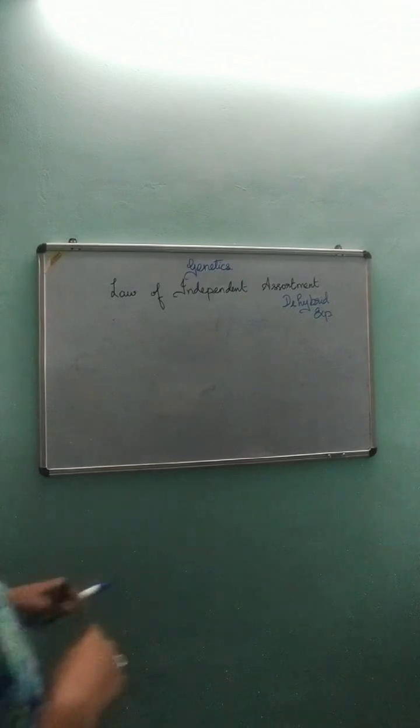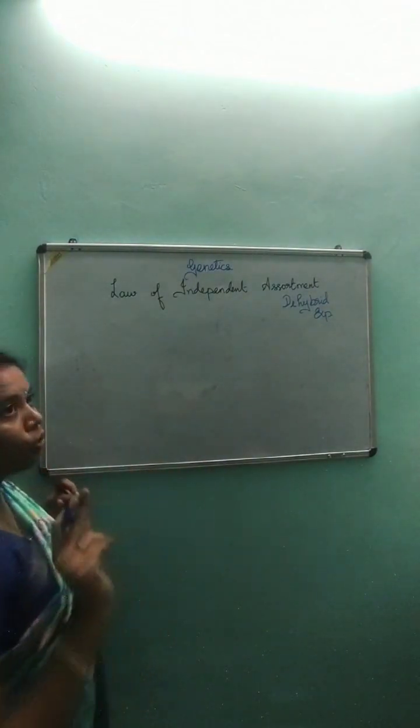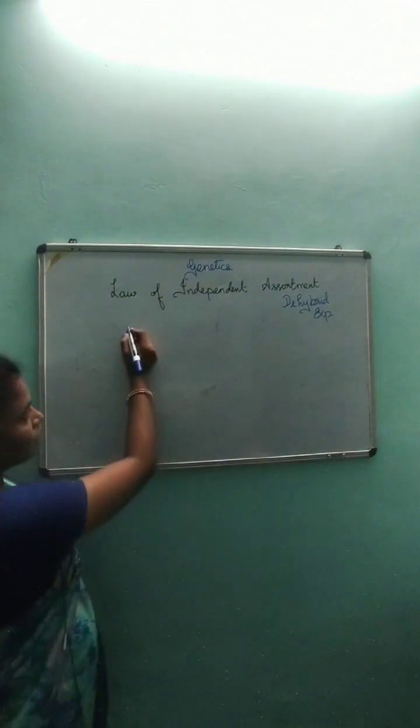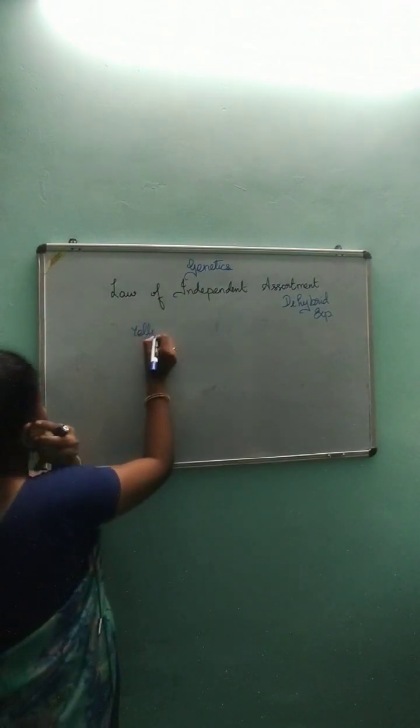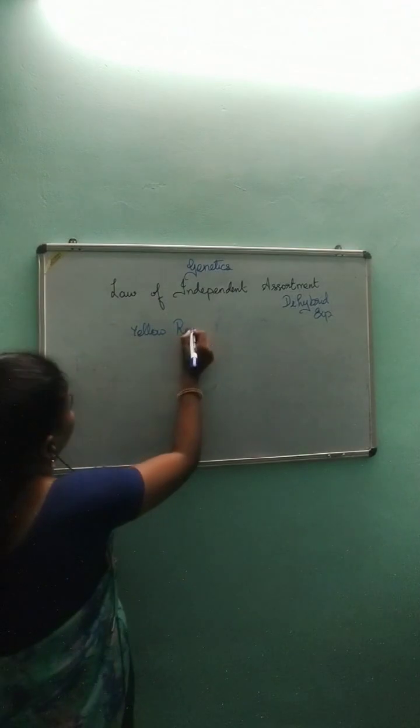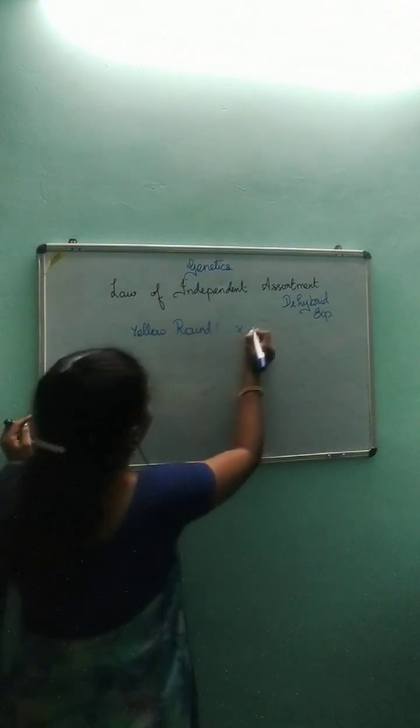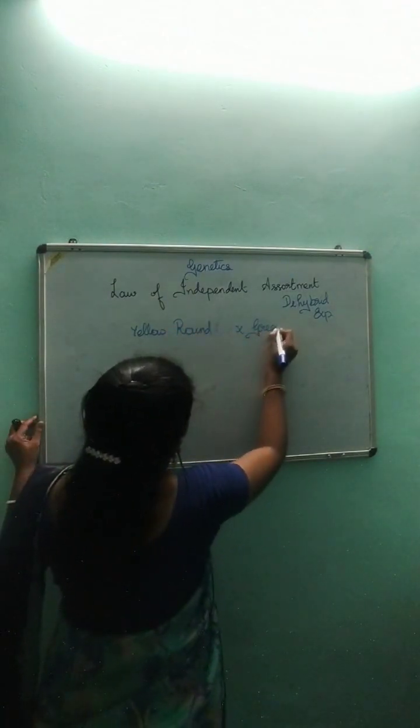In his experiment he crossed two pure parents, yellow round and green wrinkled.